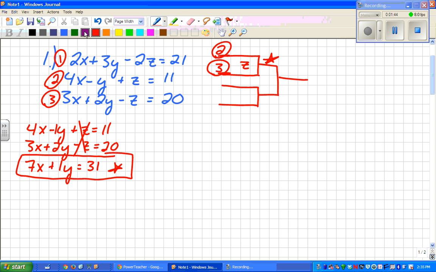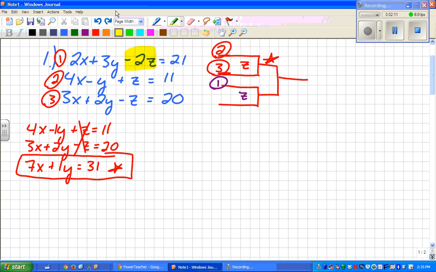Okay, the next part. If you look at my equations, I have not used equation 1 yet, so now I have to use equation 1. And if I cancel z's in the first part, then I have to cancel z's in the second part too. The only question is, do you want to use equation 1 and equation 2 to cancel out z, or do you want to use equation 1 and equation 3? It doesn't matter.